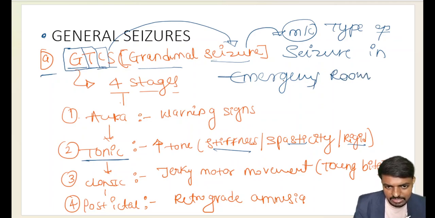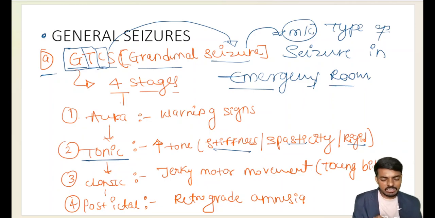Any hospital casualty, almost all the cases that come there are generalized tonic-clonic seizures. Very important, the most common type of seizure which comes in the emergency room is the generalized tonic-clonic seizure. So if a child comes, in the diagnosis we will write grand mal seizure.